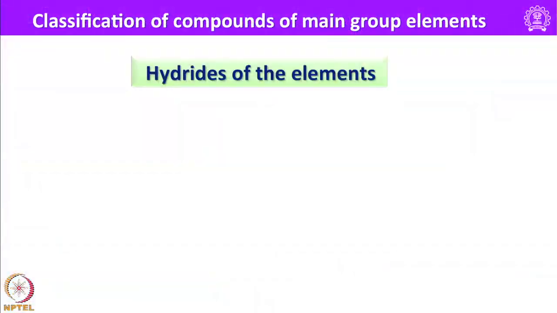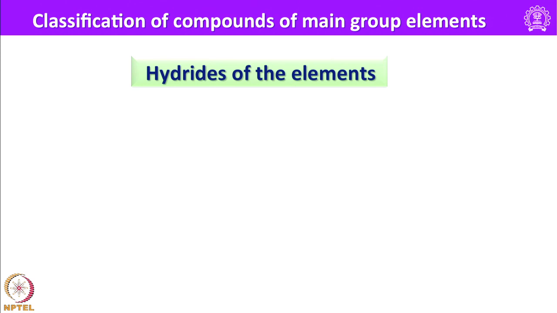So, once we do this kind of classification, understanding their properties, comparing with the neighboring groups, and within the group will be very easy, and hence we can understand and remember all these properties without much complication.